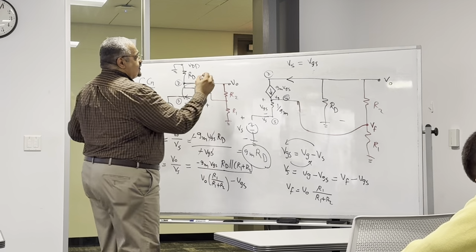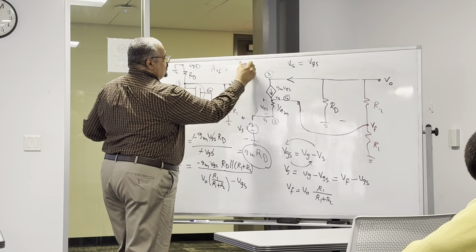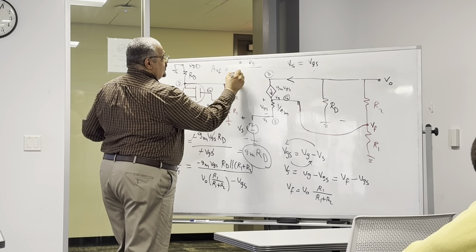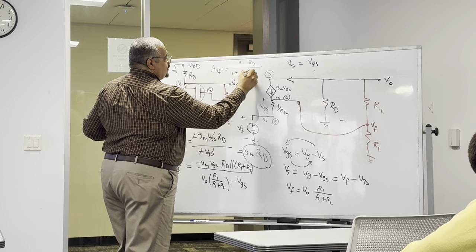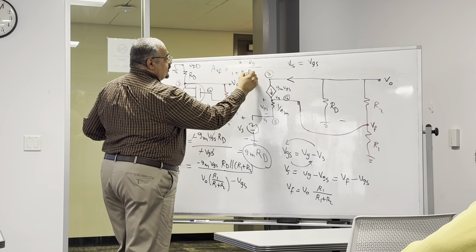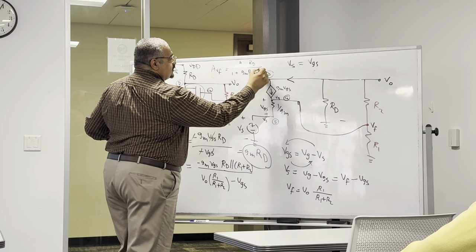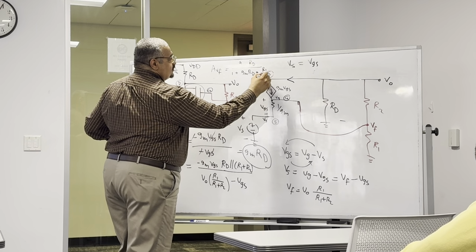So at the end, it should look like this: AV feedback should look like GM RD divided by 1 plus GM RD, multiplied by R1 over R1 plus R2.